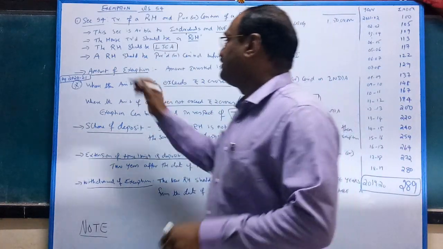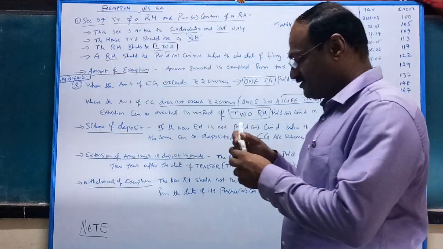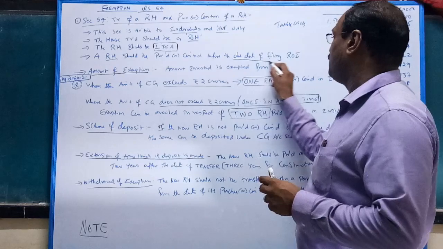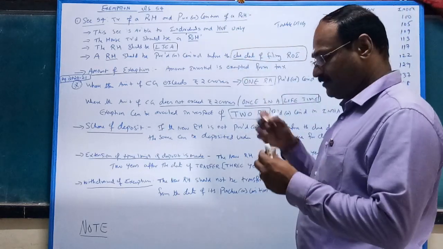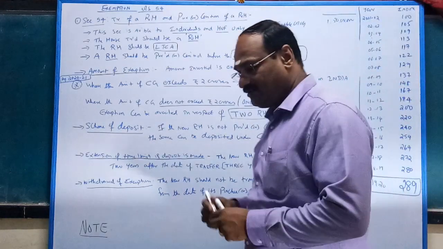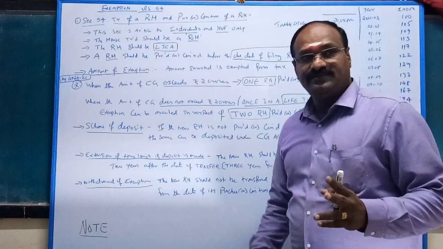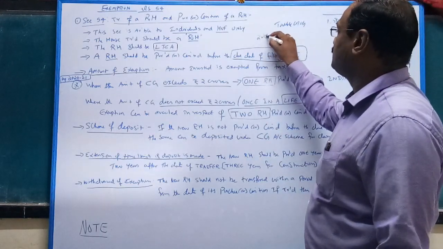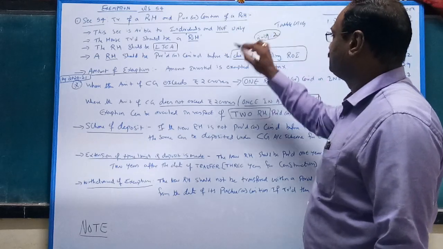Then a residential house should be purchased or constructed before the due date of filing return of income. Very important. I already discussed that your transfer takes place in 2019-2020.